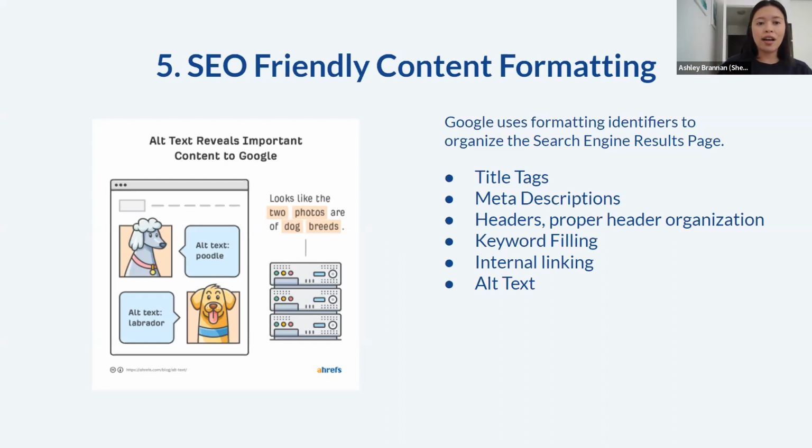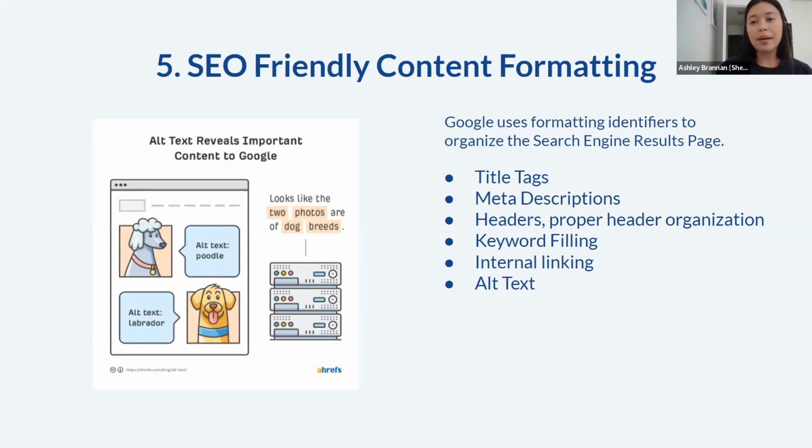Headers, which are within your content and the titles of each section throughout your content piece, and using headers to identify what areas are surrounding a specific keyword topic that you're talking about within your content. And again, just making sure that you're including keywords within your content that you want to rank for.